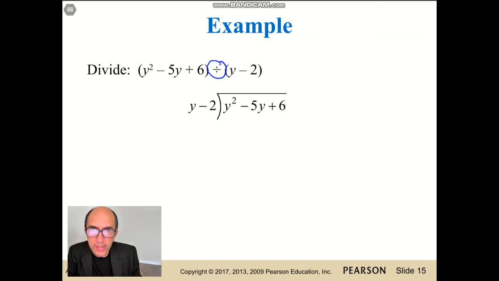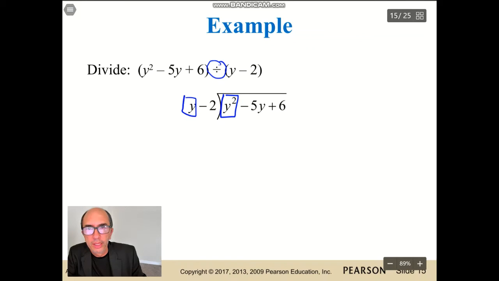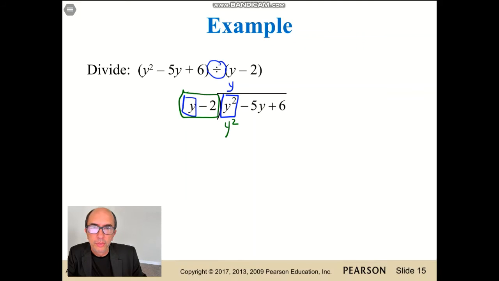So write down in the long division form, start by dividing y squared by y, then you have y, and then multiplying y by the whole thing, y minus 2 is going to be y squared minus 2y.